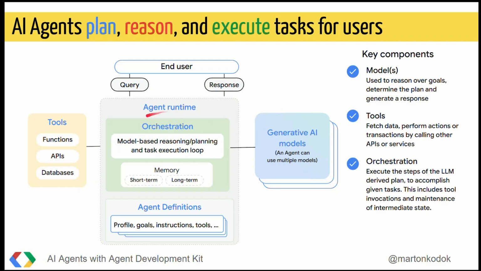Inside of the runtime, there is an orchestration, and nowadays it's part of the framework, which means that you don't need to figure it out. You are just using the components of this orchestration, and the orchestration does the functionality out of the box for you. And that's why I really like the Agent Development Kit, because it takes care of decisions that are easy to do.